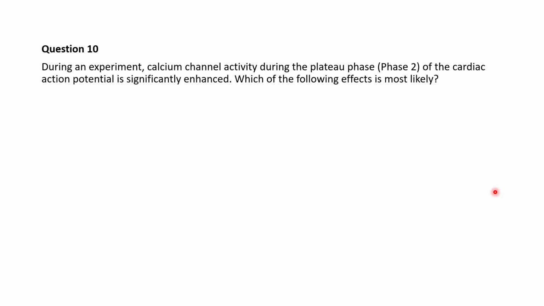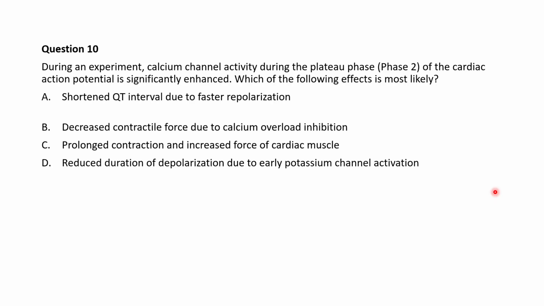Okay. So question 10. During an experiment, calcium channel activity during the plateau phase, which was phase 2, if you remember, of the cardiac action potential is significantly enhanced. What are the effects that are most likely to be seen?